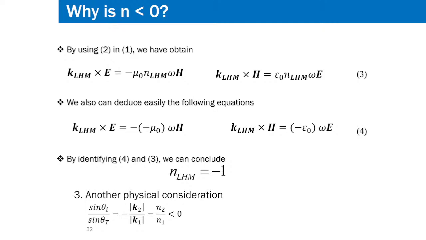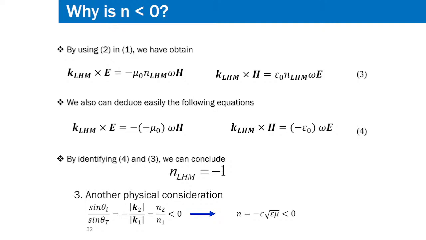Since it is minus k2 by k1, this is negative, therefore n2 by n1 is negative. If n2 by n1 is negative, then n, which we define as n2 by n1, the refractive index of the second medium to the refractive index of the first medium, is negative.